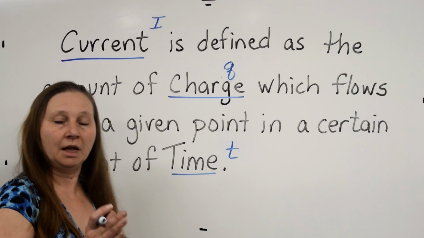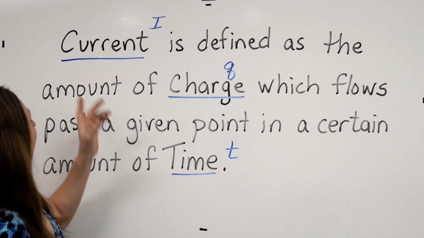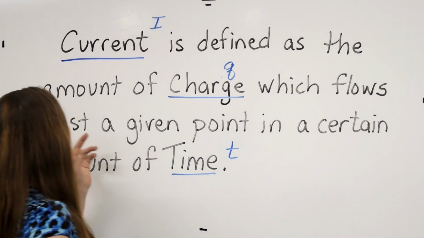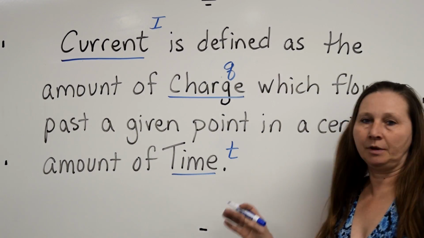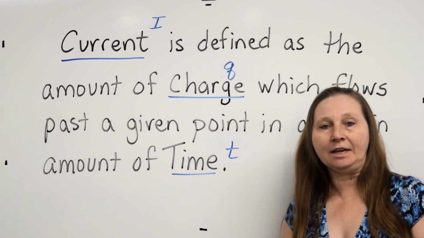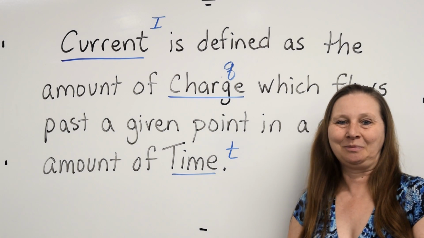You know that electrons carry negative charge. So current is defined as the amount of charge which flows past a given point in a certain amount of time. I'll copy this down, and I'm going to draw a picture of an electrical device so that I can show you where current generally flows.